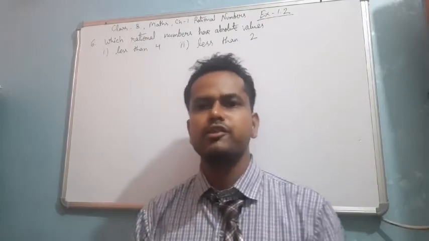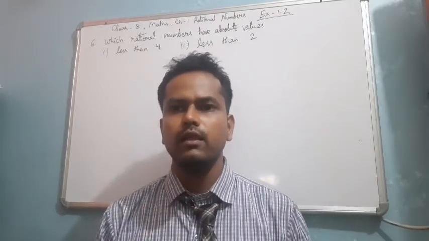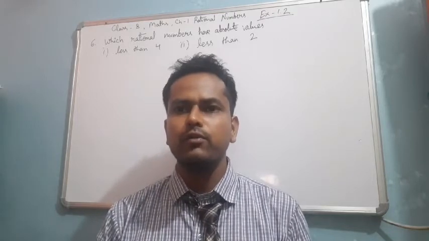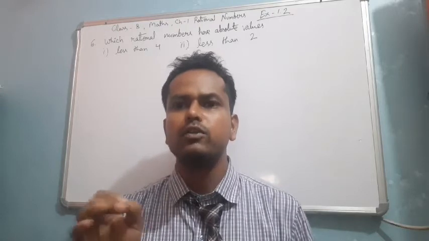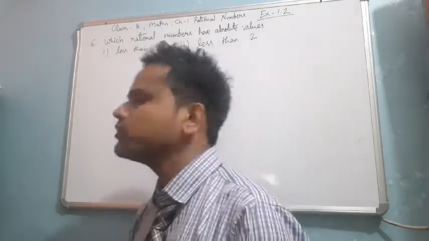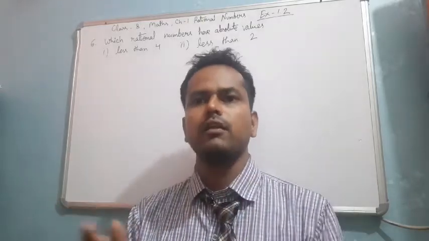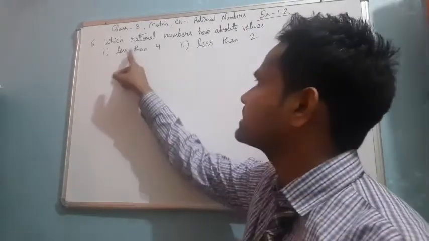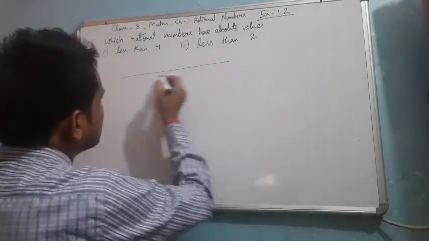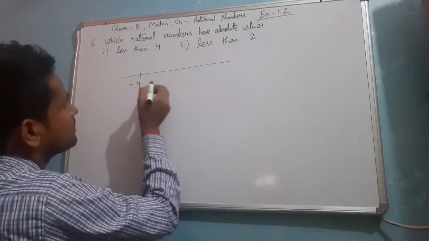By the definition of absolute value, you know very well that the absolute value of every number is positive. Then first draw a rational number line.